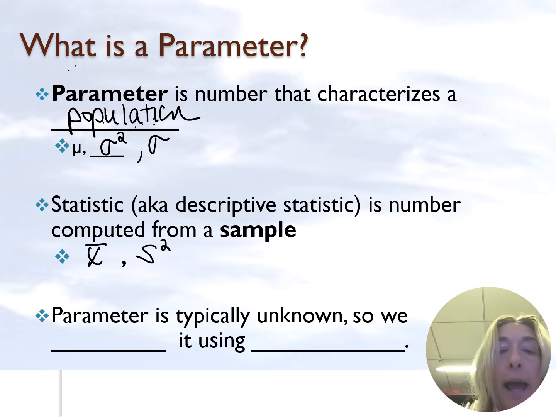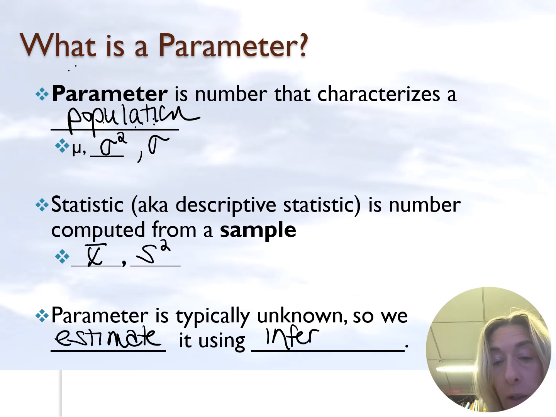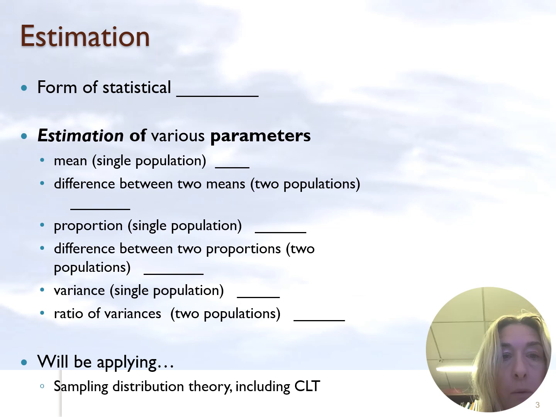Now, while statistics are known values, a parameter is typically unknown. So we must estimate it, typically using inference, or the process of statistical inference. Estimation is a form of statistical inference.